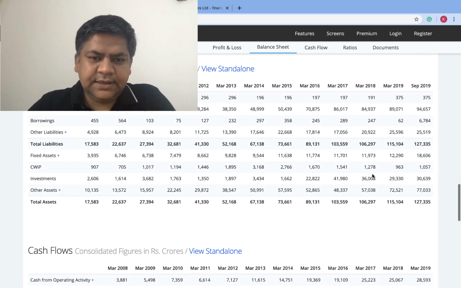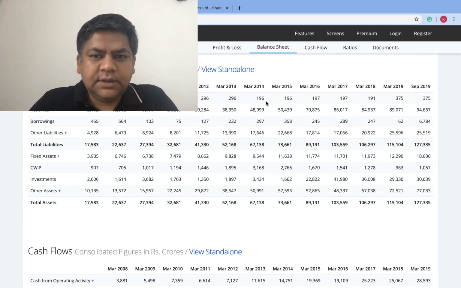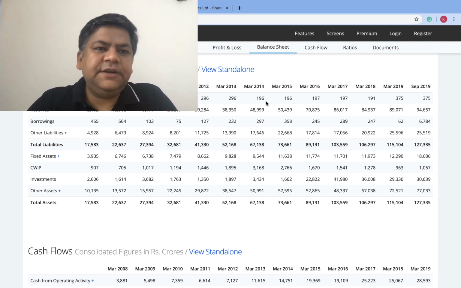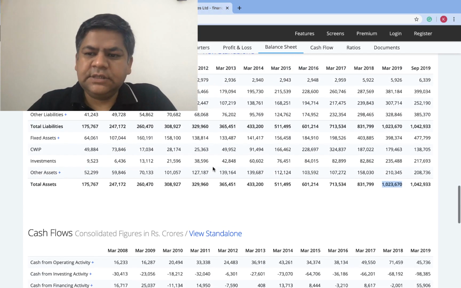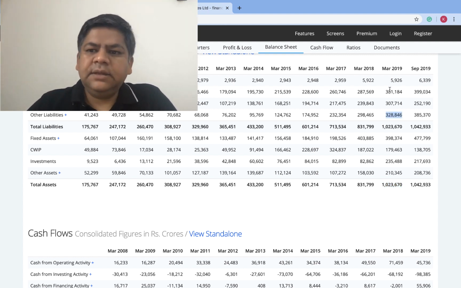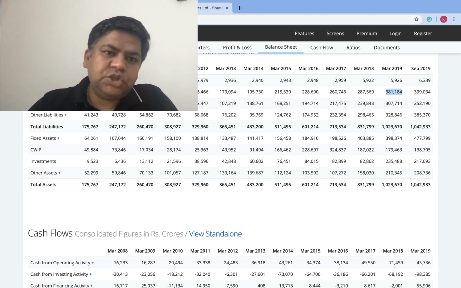We understand that the way numbers look in Reliance is completely different from the numbers in Tata Consultancy Services. Here you see huge assets, huge liabilities, and then they have a good reserve and surplus also, much bigger.